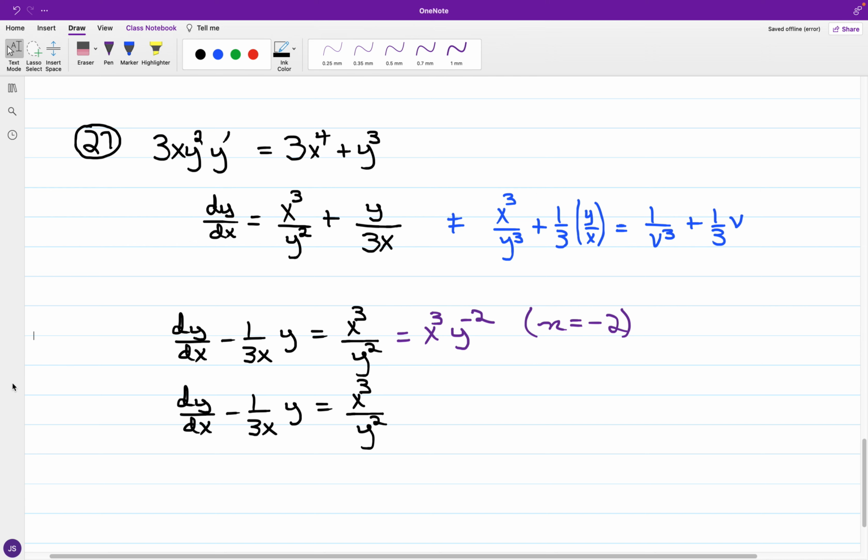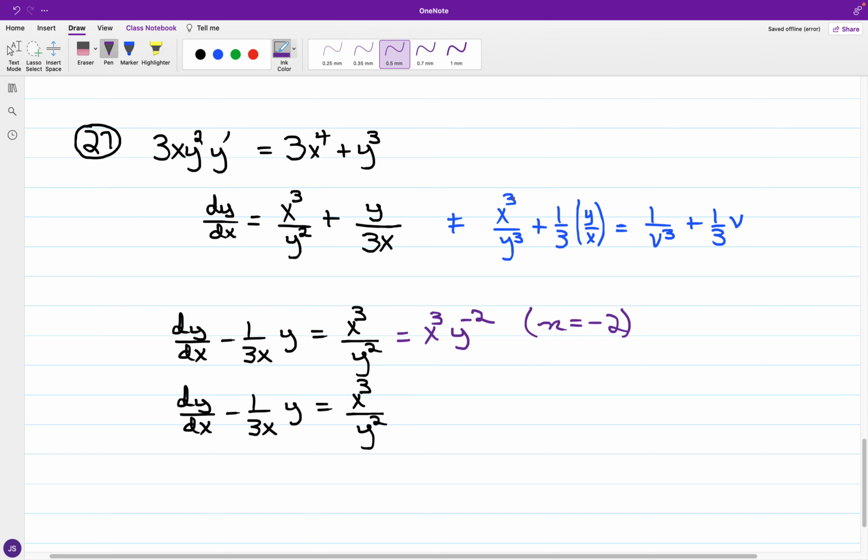Now if I had matching degrees between what we have in x and y for the first term, I would have a homogeneous equation. If I had x cubed over y cubed, this would be the reciprocal of v cubed, whereas for y over x, we do have matching degrees, where I would have otherwise had 1/3 of v.